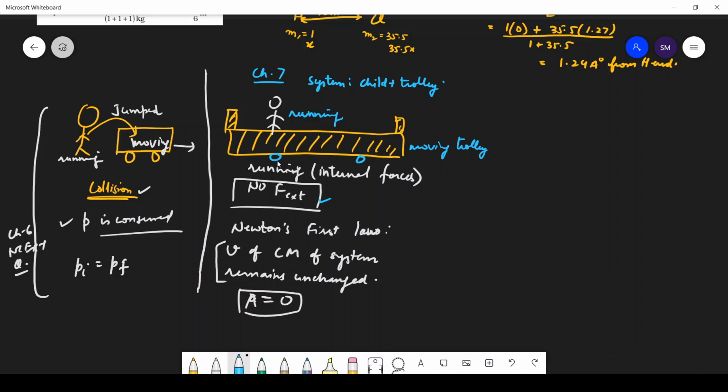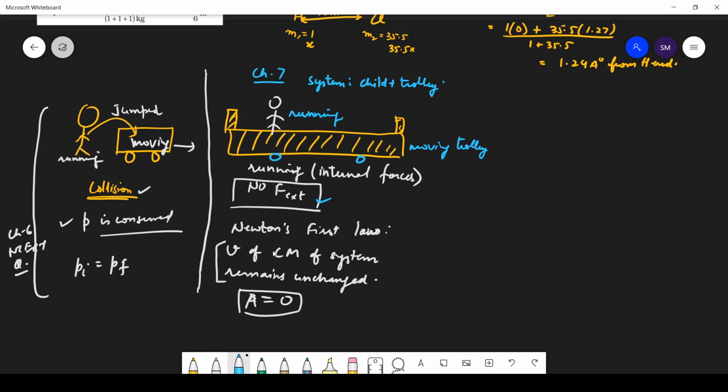Four people sitting in the car and pushing the car, will the car move? No. But when those four persons come out of the car and start pushing it, will the car move? Yes, it may move. That is why internal forces have no impact, as we have studied earlier.